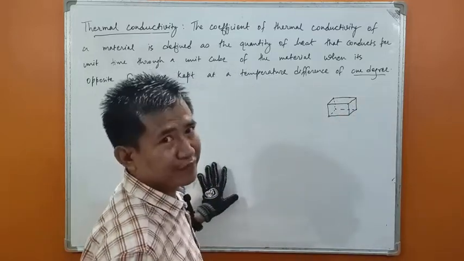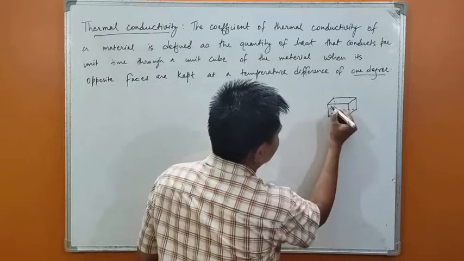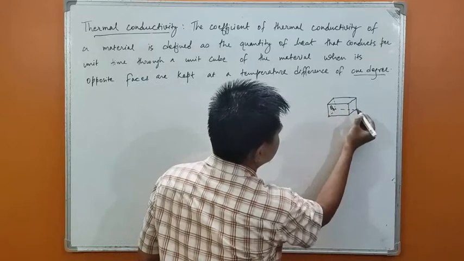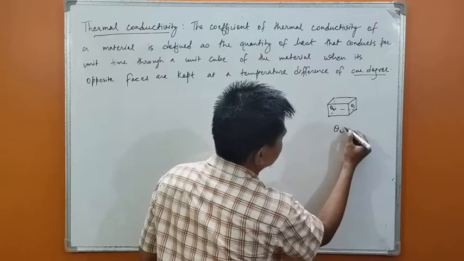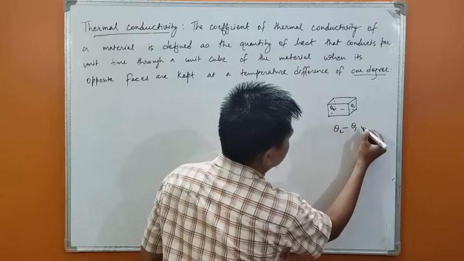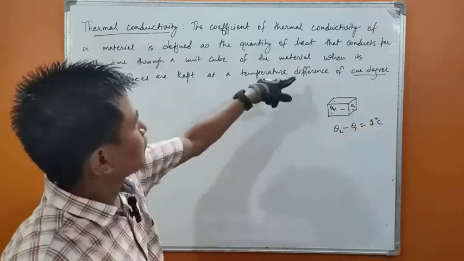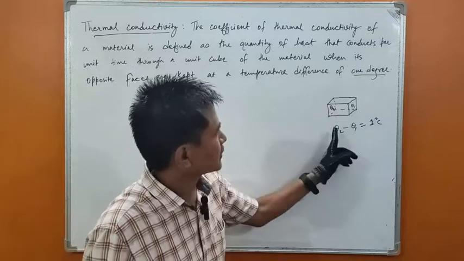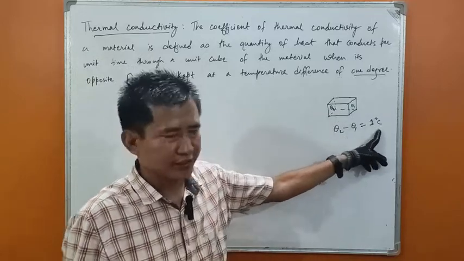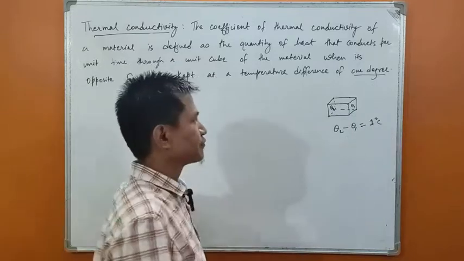The temperature of this surface is theta 2 and the temperature of the other surface is theta 1, so the temperature difference is 1 degree Celsius. I am writing in Celsius unit.